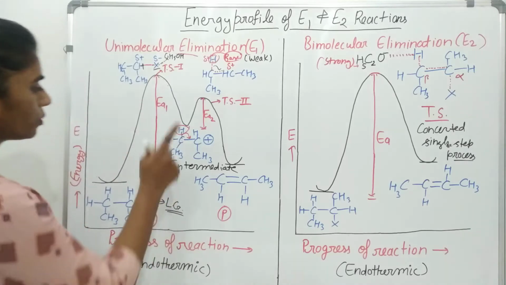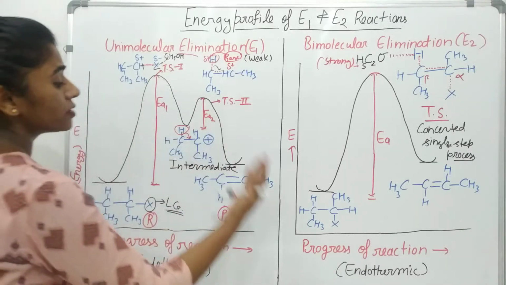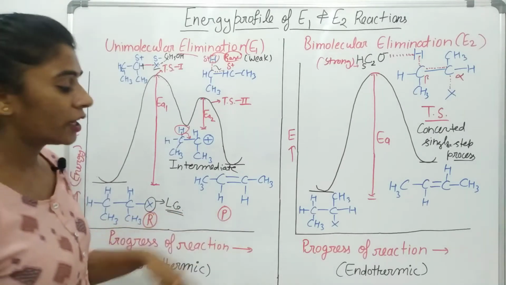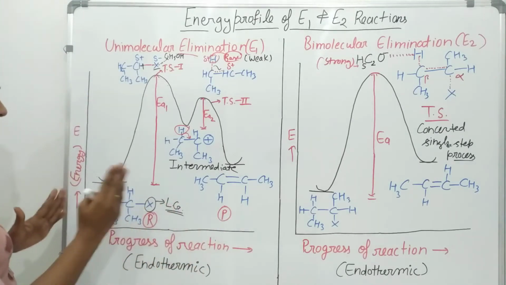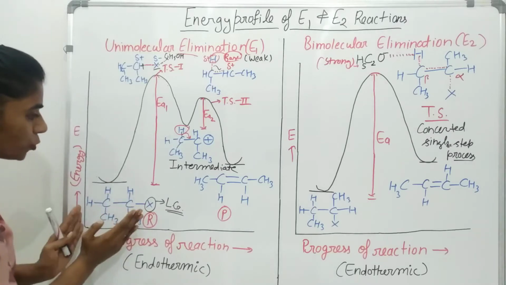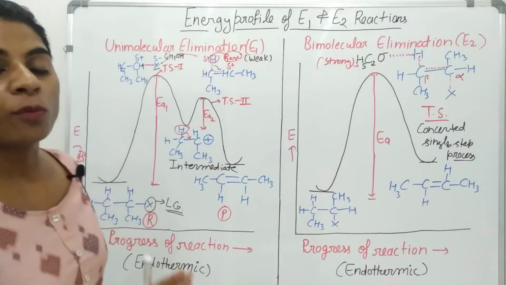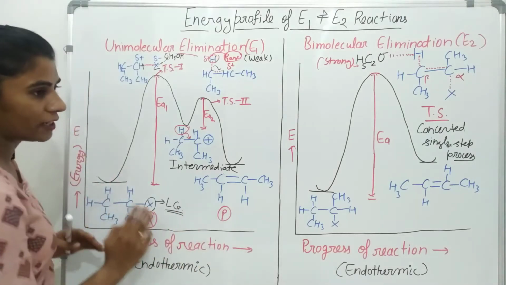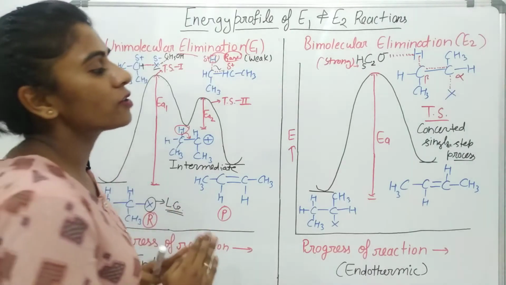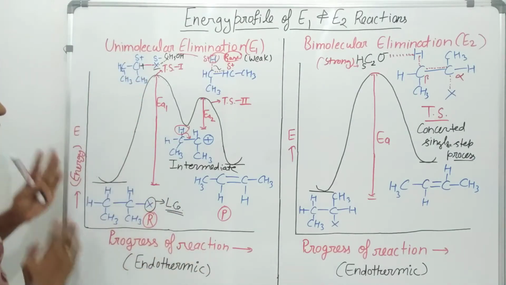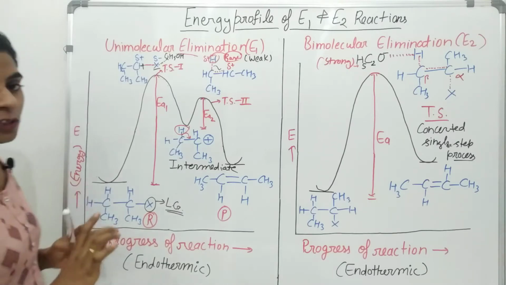In the first step, formation of carbocation is happening, and in the second step, the formation of the product. So we are forming a product from the substrate, and the substrate here is saturated. So we are forming an unsaturated product from a saturated substrate, or you can say reactant. And this is the energy profile diagram for the E1 reaction.